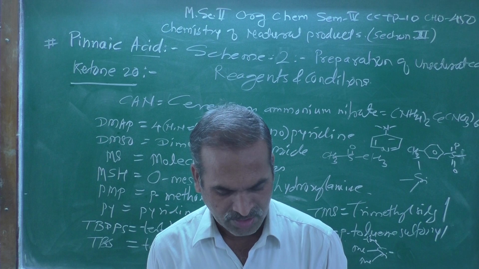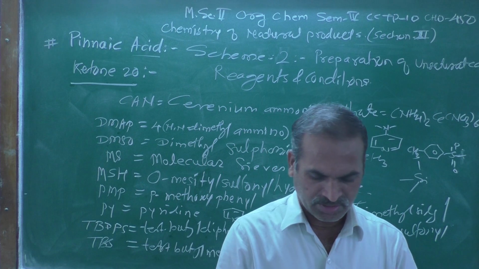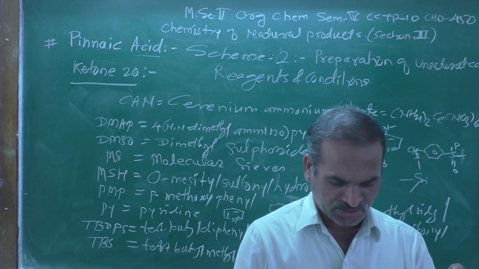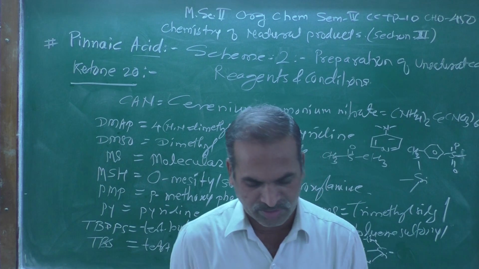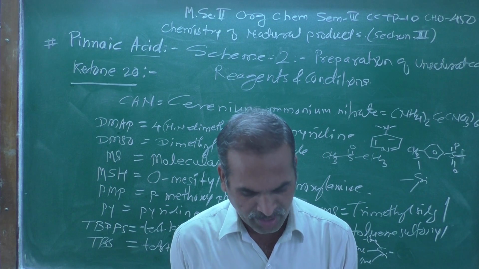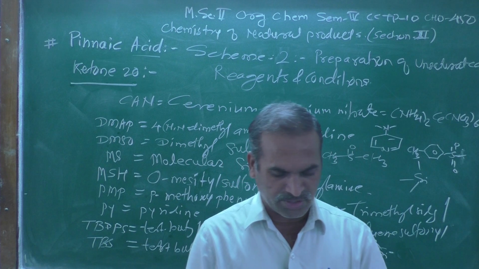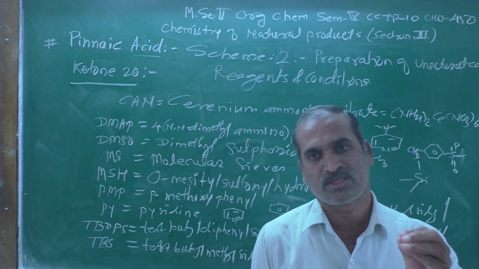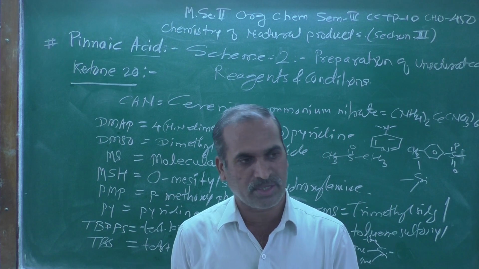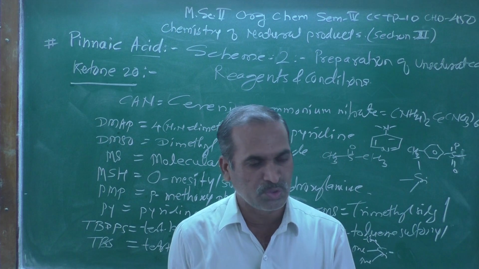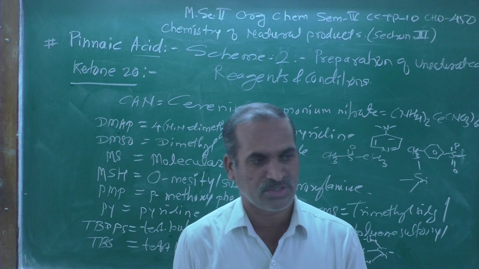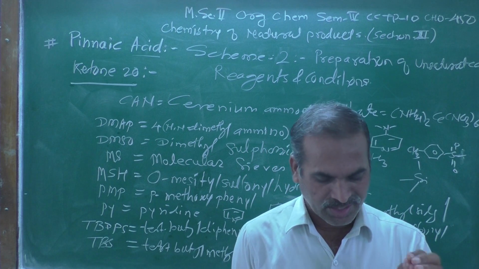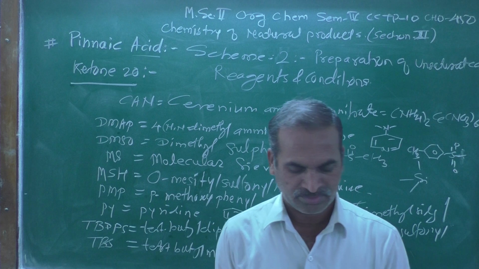The configuration of the C9 and C13 asymmetric centers was verified by NOE experiment of 12. NOE means nuclear Overhauser effect, which was used for the determination of the correct structure of the organic compound.